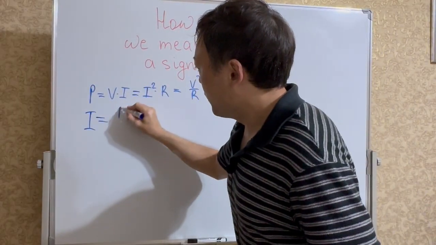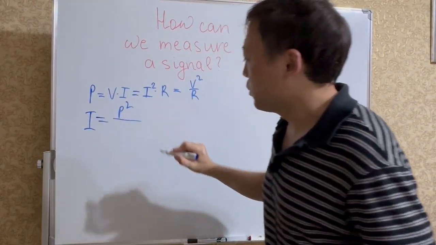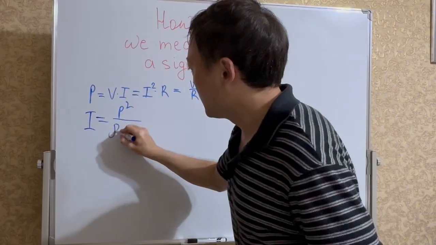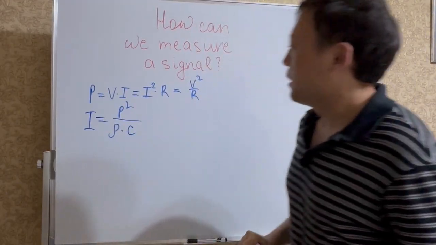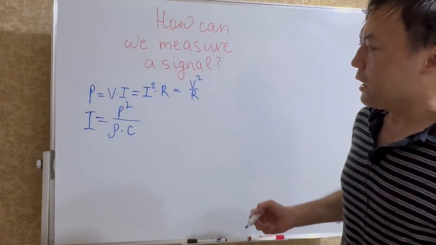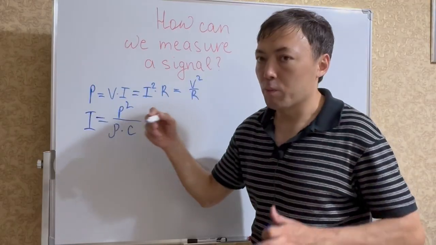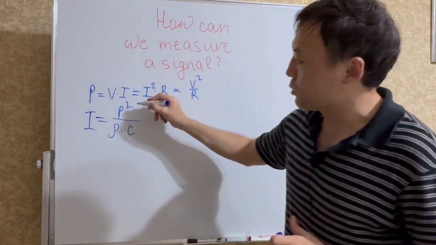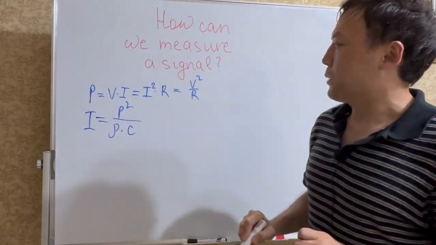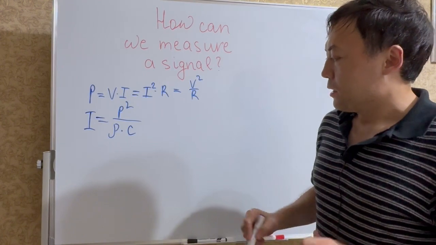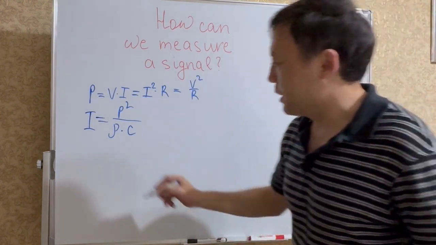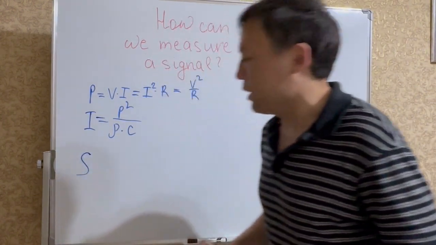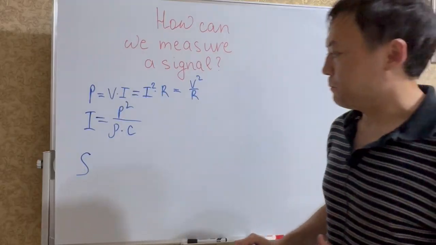It's the square value of the pressure of the sound wave over the density of the medium times the speed of sound. Here again we can see that intensity or power per unit area is proportional to the square value of the pressure of the sound wave. Third example is power density of an electromagnetic wave, or Poynting vector.